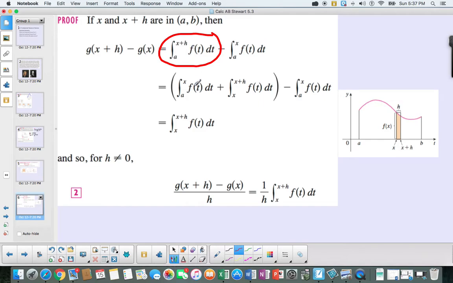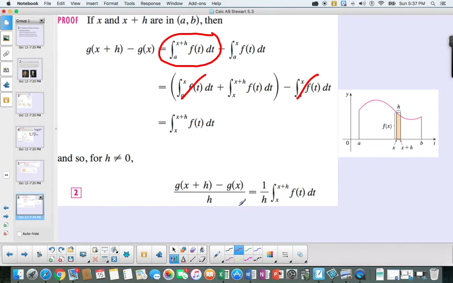So I've taken this integral and written it as two. Now we can cancel and simplify into this. So this difference between the two area accumulators amounts to this, which represents the area of this rectangle.